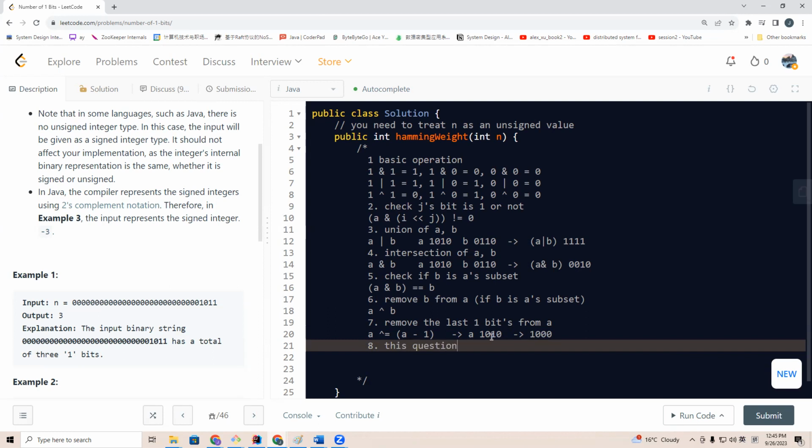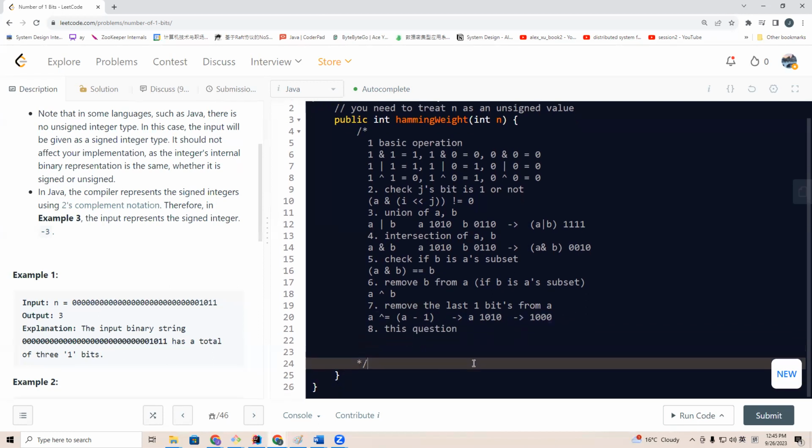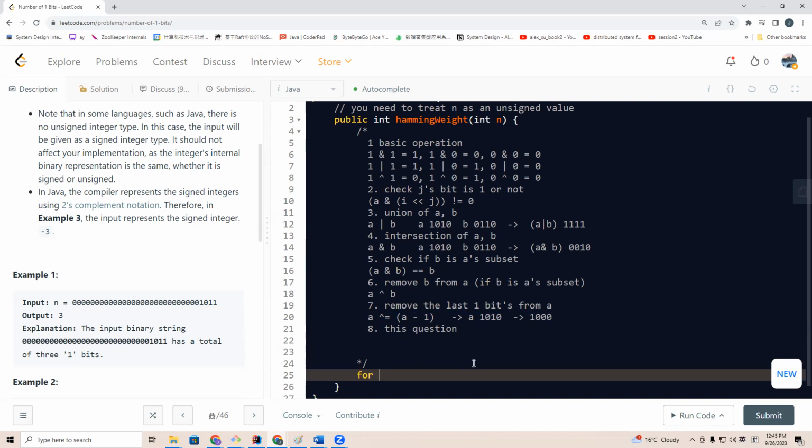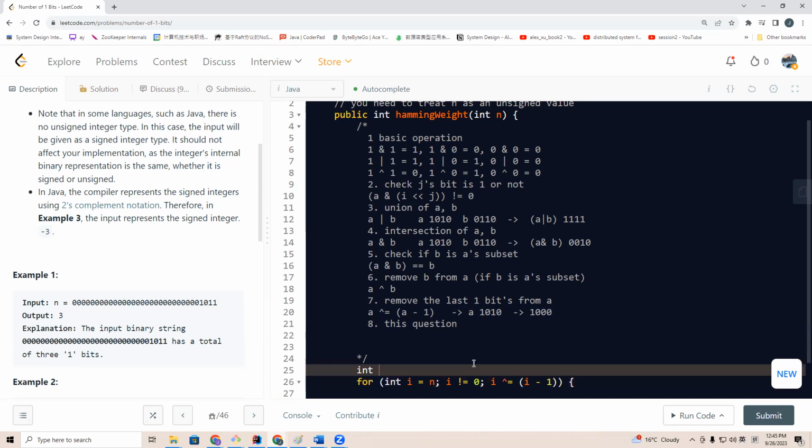We can use a for loop: while n does not equal 0, n equals n AND (n minus 1), and we have count plus plus.